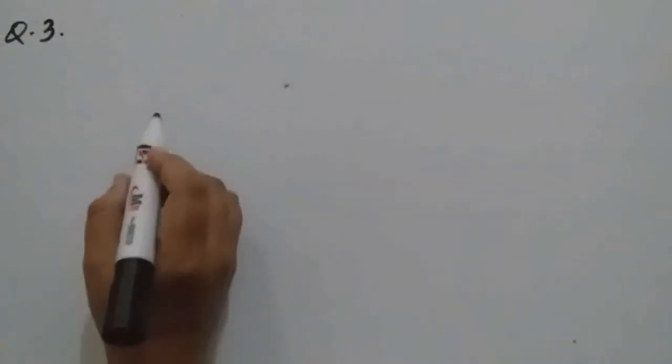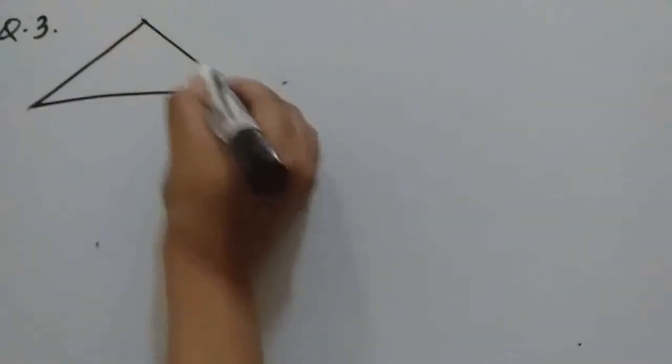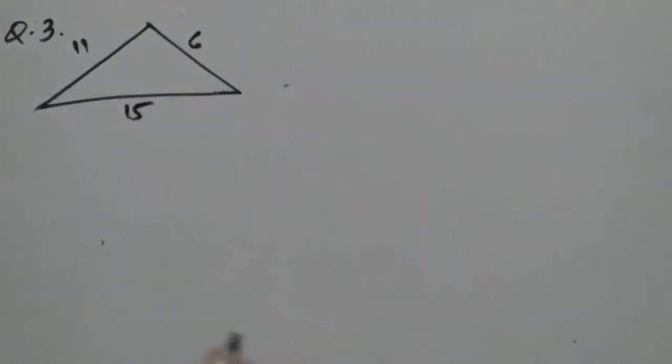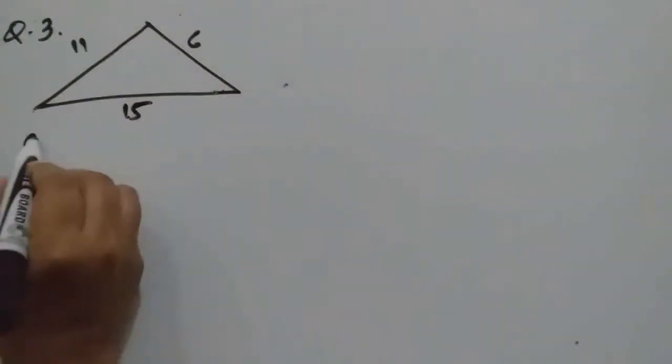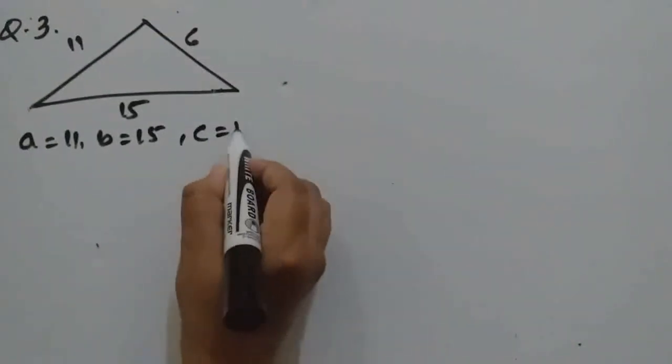Question number 3. There is a slide in a park. One of its slide walls has been painted. Okay. So now the sides of the wall are given: 6, 11 and 15. So we should find the area painted in color. So suppose A is 11, B is 15 and C is 6.